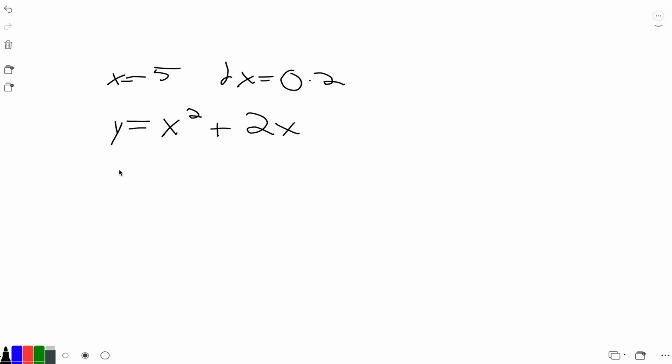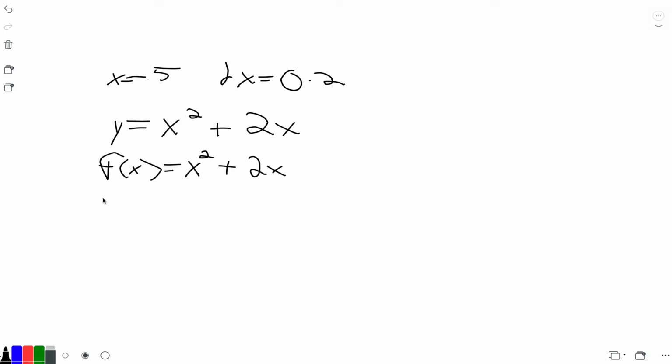As stated before, y is equal to a function of x, which means we can use y and f(x) interchangeably in our equation. Therefore, f(x) is equal to x squared plus 2x.